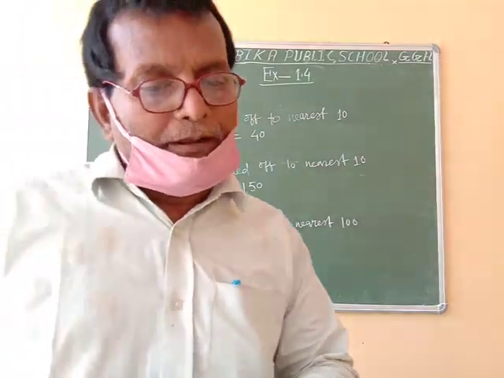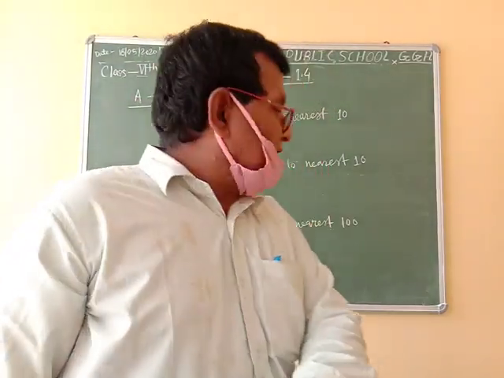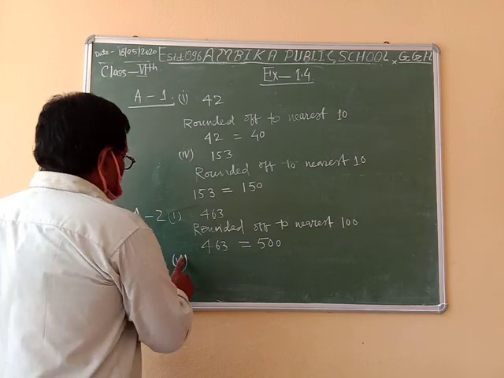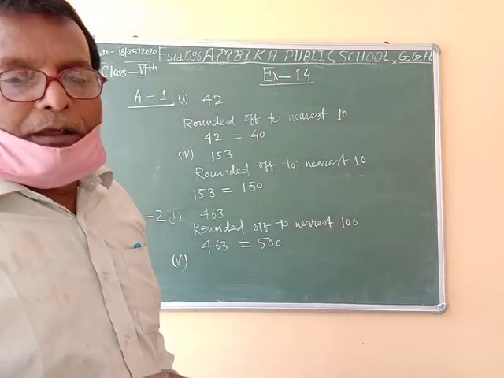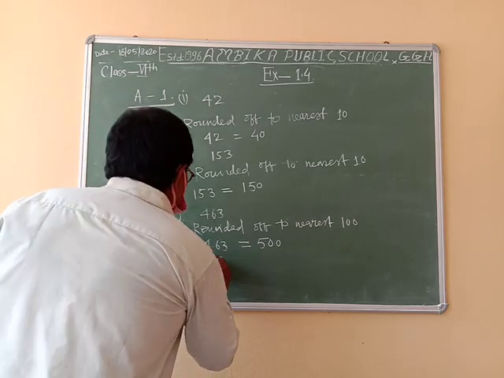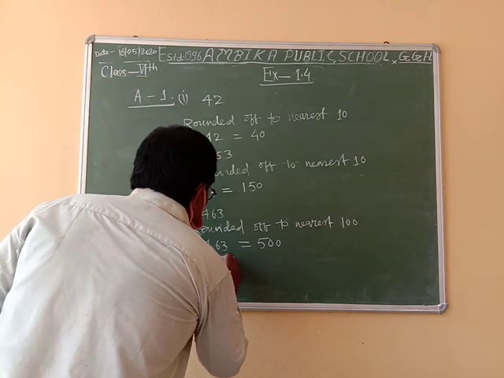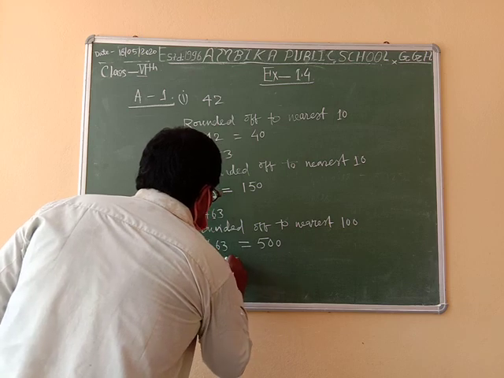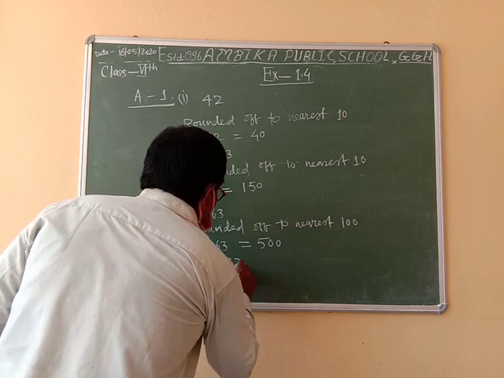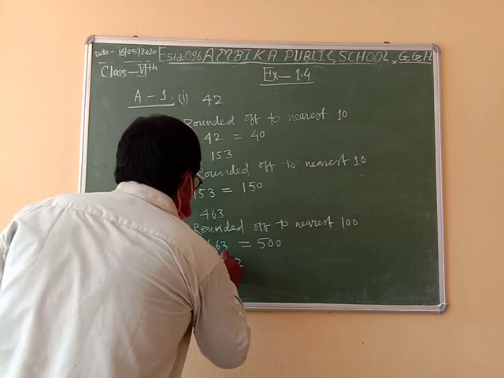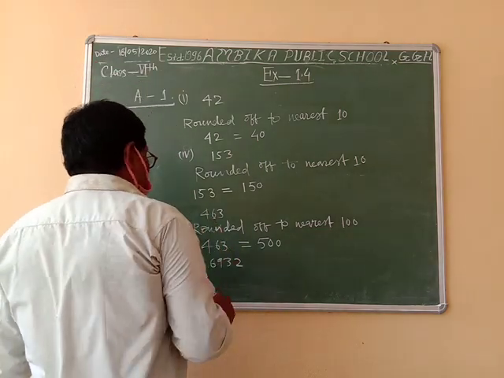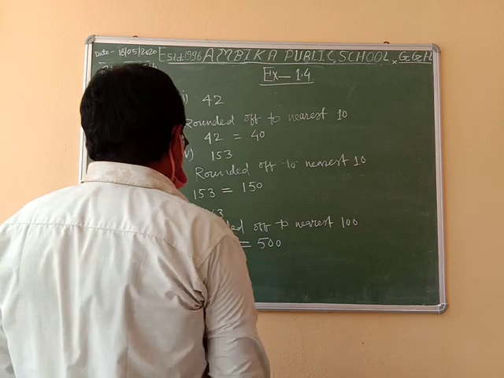Similarly, the next number of question 2, 6932. We have to round off to the nearest 100.